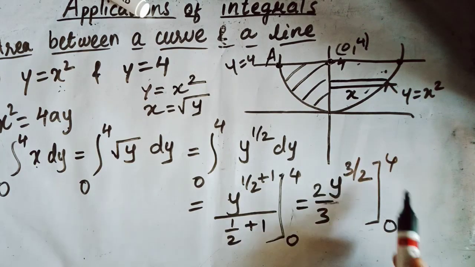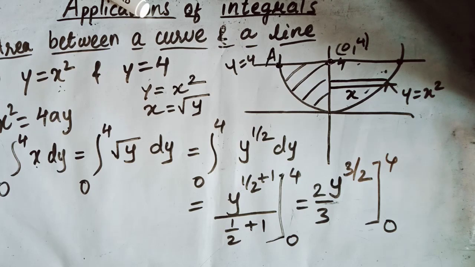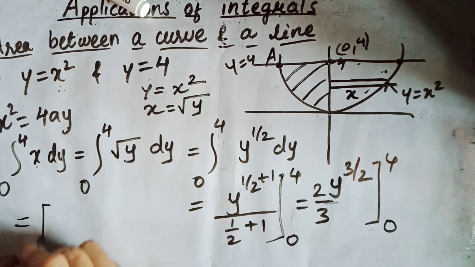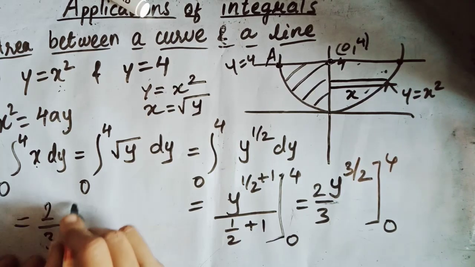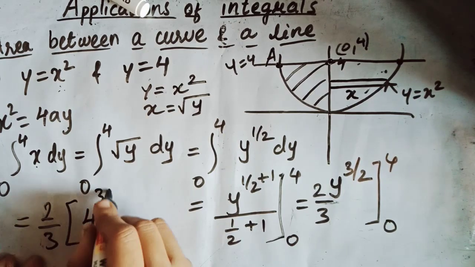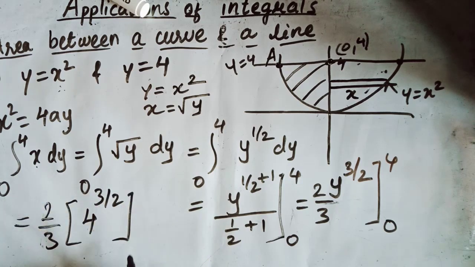Now you substitute the value of y. So 2 by 3 is outside, and 4 raised to 3 by 2. For 0 it is 0. So 4 raised to 3 by 2 times 2 by 3.